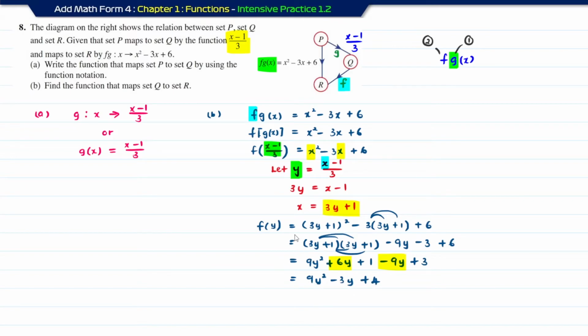So this is the function f with an object of y. To find it in the function with an object of x, we're going to replace all the y here with the letter x. So there you have it, the function f.